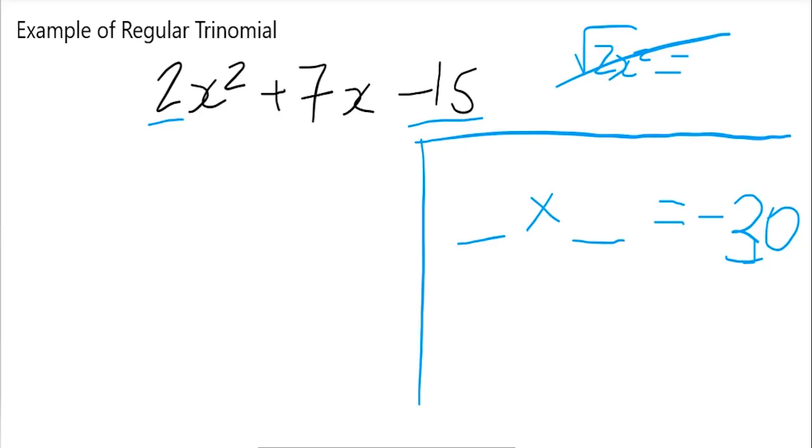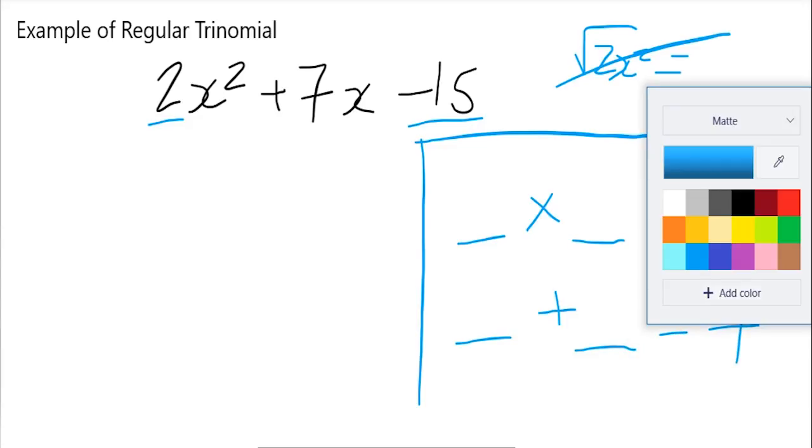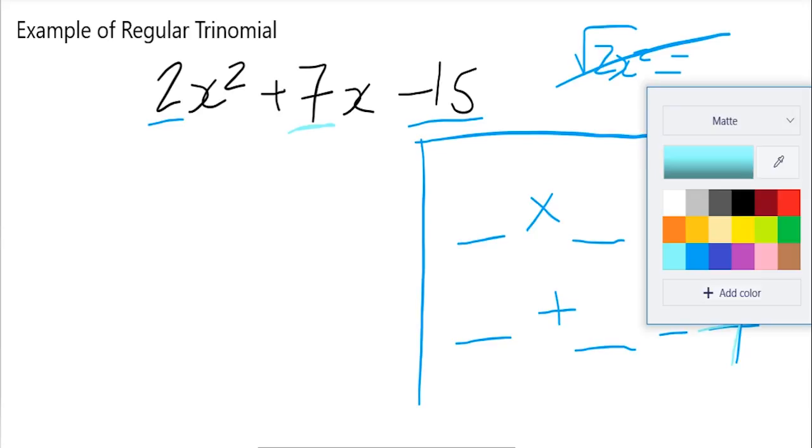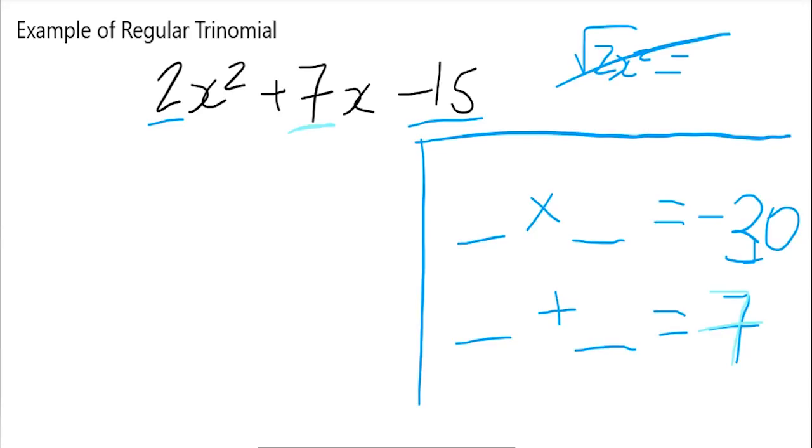And then you want to see what two numbers will also add to give you 7, your middle term over here, which I'll write in light blue. So 7. Okay?